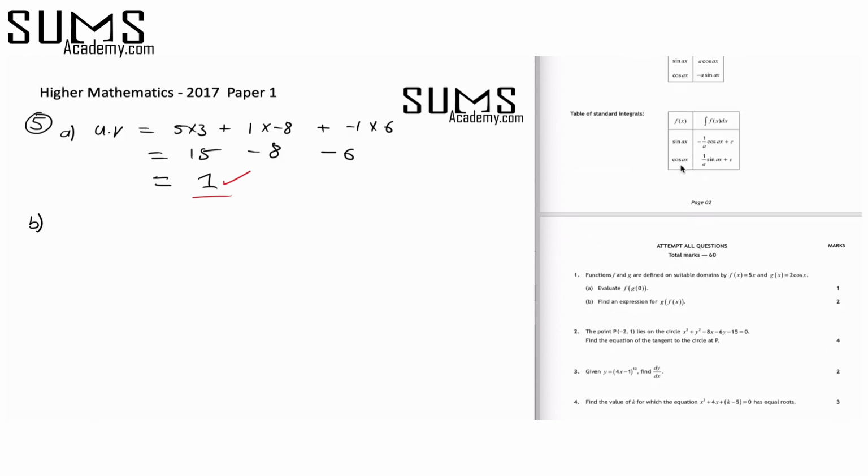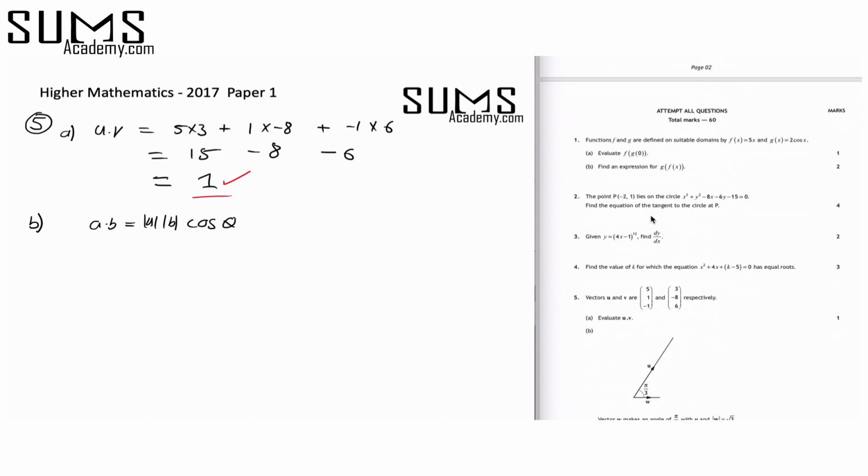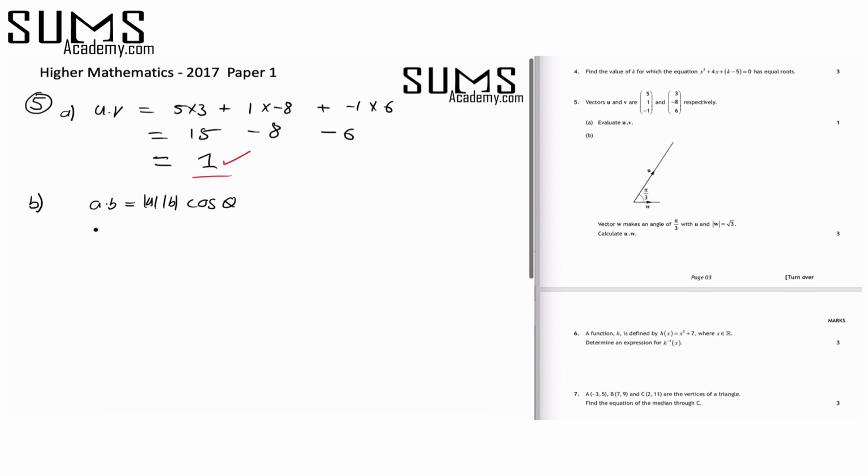As well as the first equation, we're also given this equation: a dot b equals the magnitude of a times the magnitude of b cos theta, where theta is the angle between the two vectors. So we want the magnitude of u times the magnitude of w cos pi over 3.